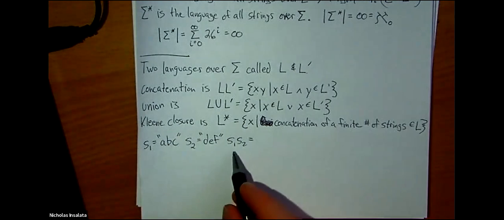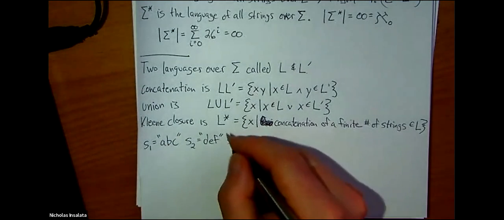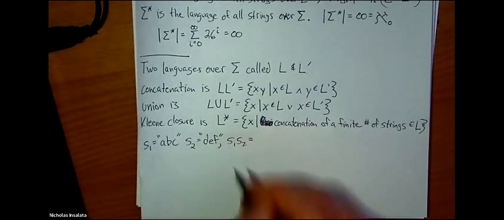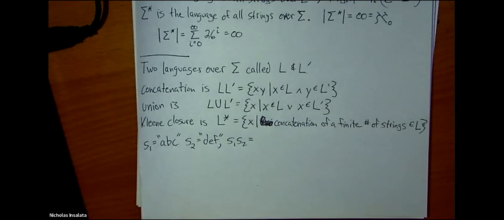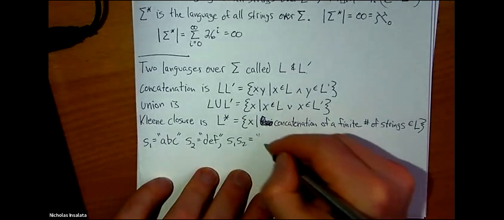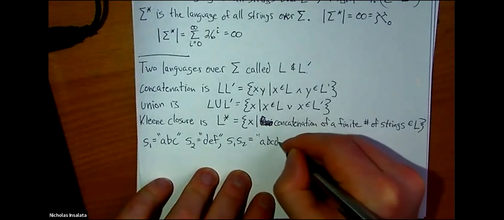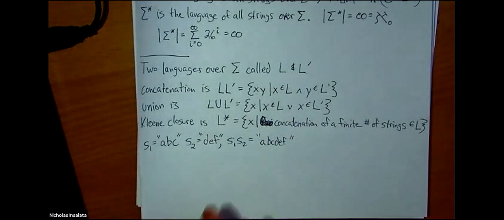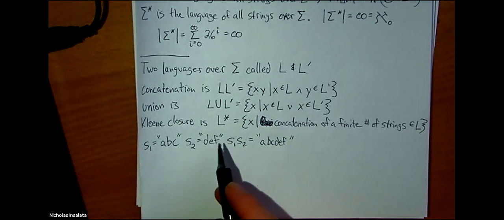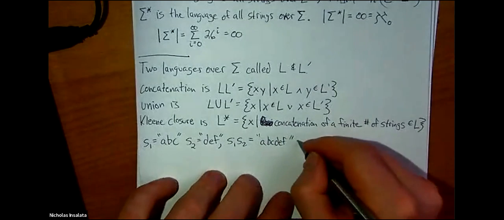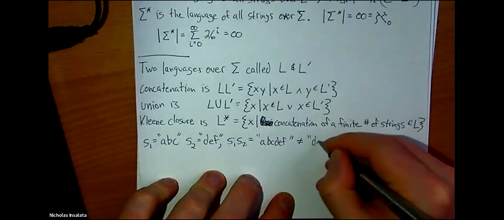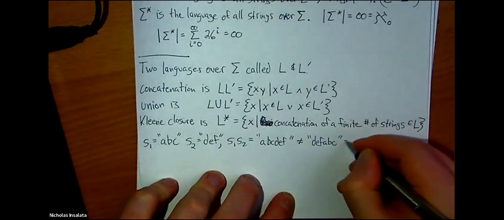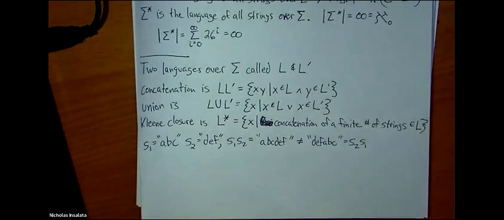So it would be the concatenation of those two strings. "ABCDEF". Perfect. And you even got the double quotes. Excellent. Okay, so it's not commutative because the other way would be "DEFABC", which is not the same. That would be called S2 S1. So not commutative. Great question.